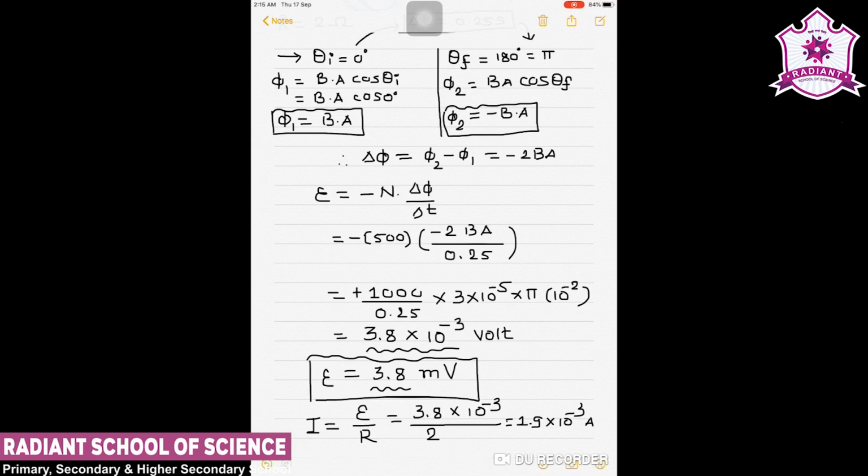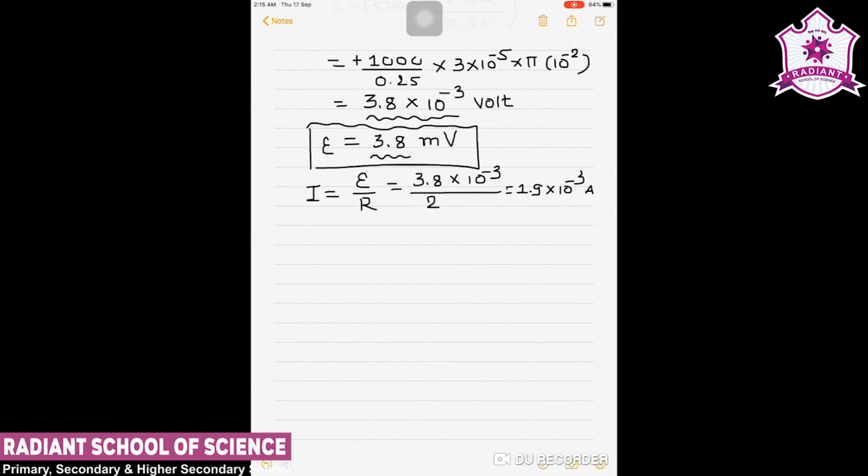So here in this case we give the answer that I is equal to 1.9 milliampere. So this will be our answer.